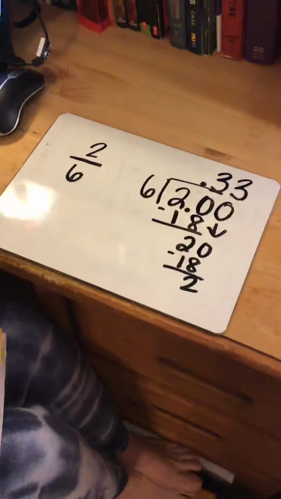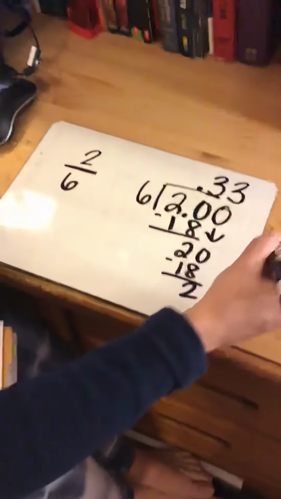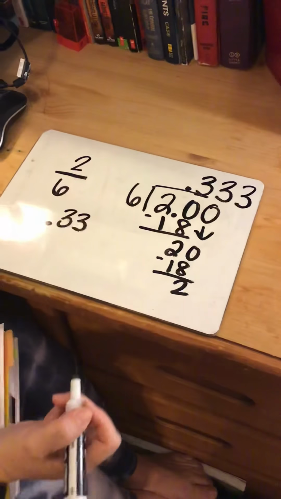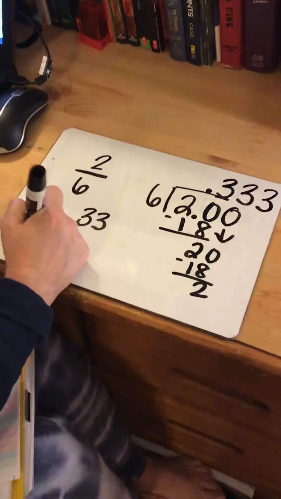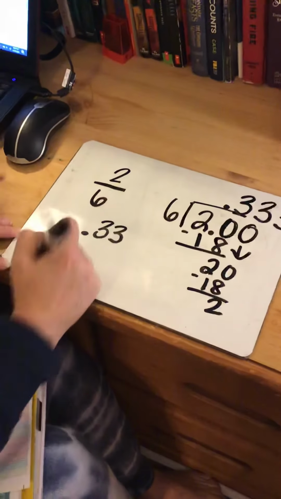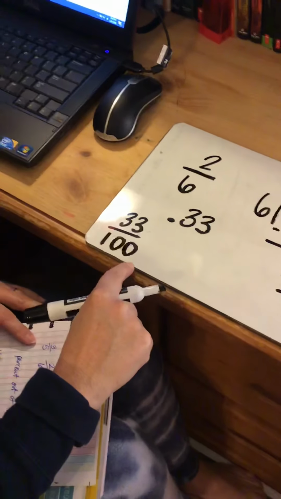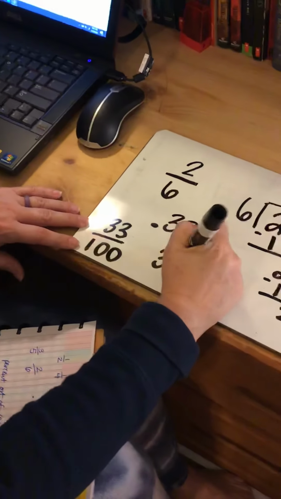It's repeating, so we're just going to round it. So if we had another 3, that would become 0.33, which is 33 hundredths. So that is 33%.